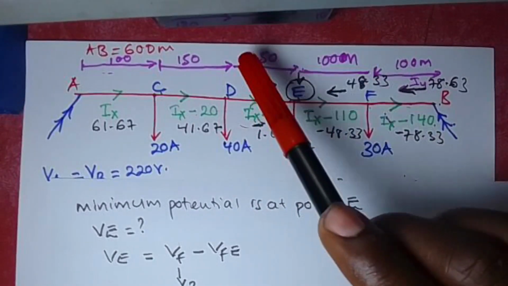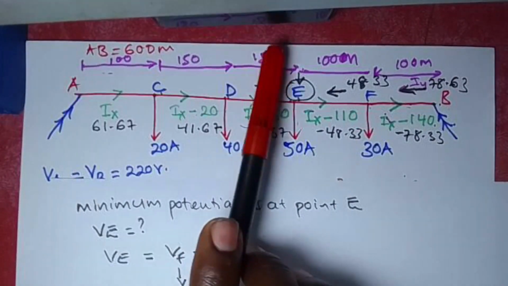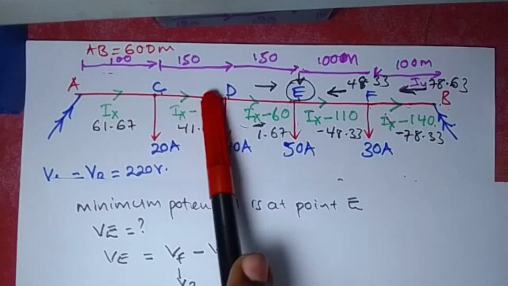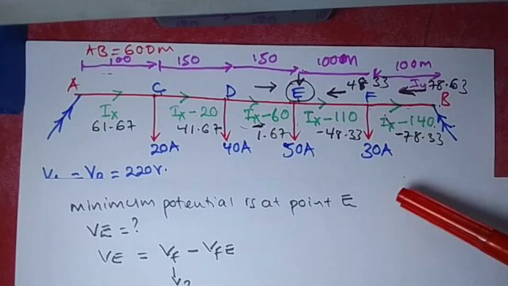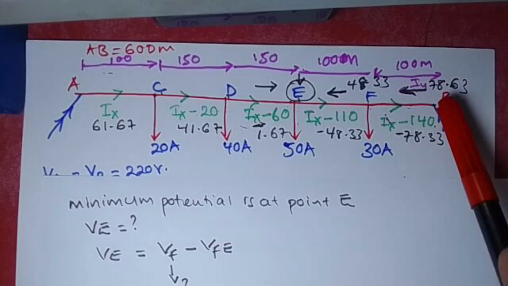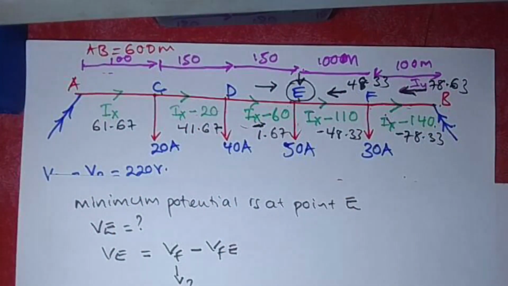So it can simply be the voltage drop between point A and point E, which is going to be equal to the sum of these 3 drops. But both of you will get identically the same answer, someone who has worked from this side and also someone who has worked from this side. So that is it.